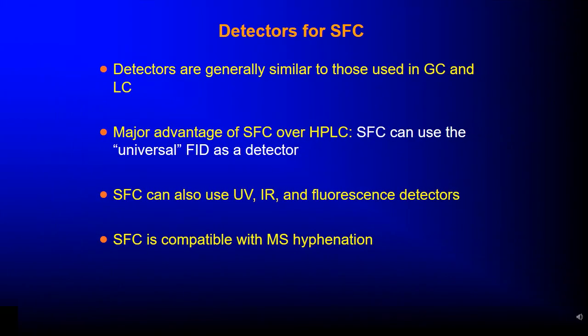Then detectors for supercritical fluid chromatography. Detectors are generally similar to those used in gas chromatography and liquid chromatography. A major advantage of supercritical fluid chromatography over high performance liquid chromatography is that it can use the universal flame ionization detector, which cannot be used by HPLC.